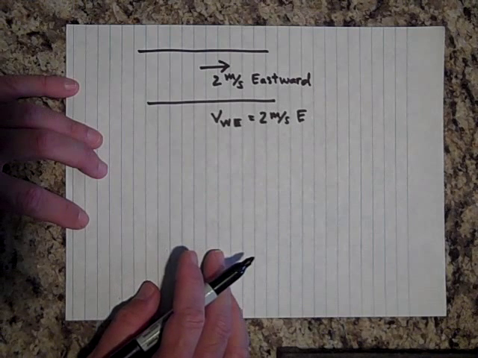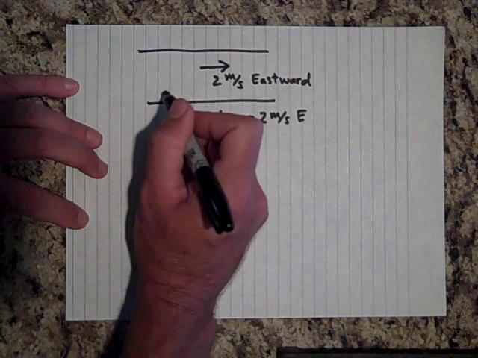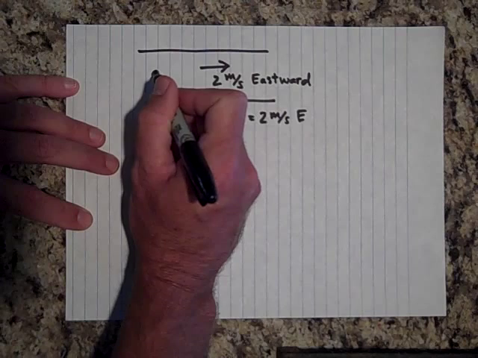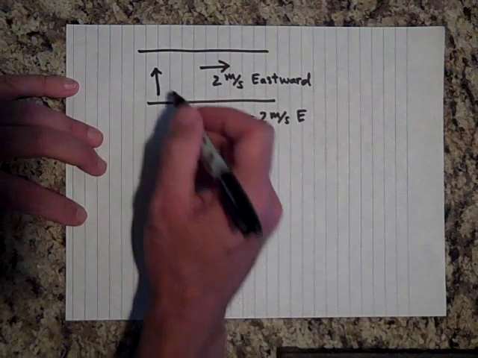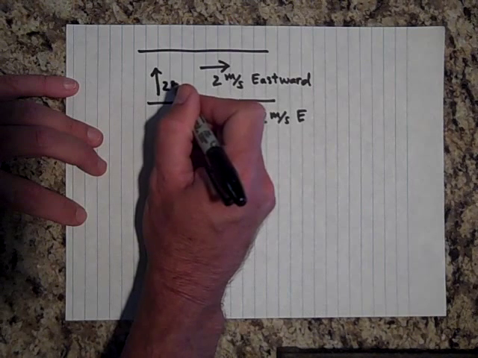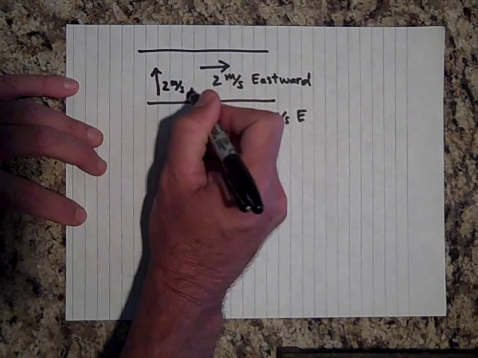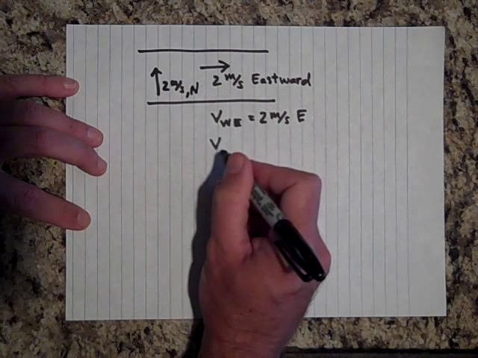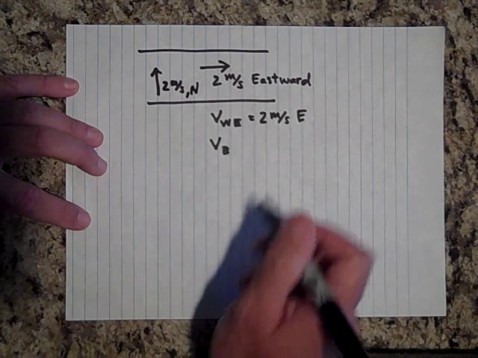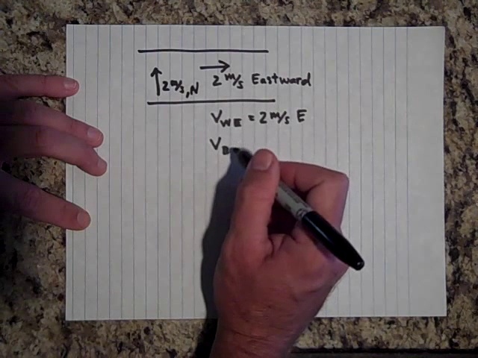Okay, now you're going to row a boat, and you're always going to point it due north. And let's say that you row that at 2 meters per second as well, so 2 meters per second northward. So that's the velocity of the boat relative to the water.